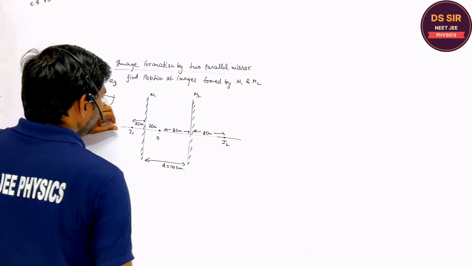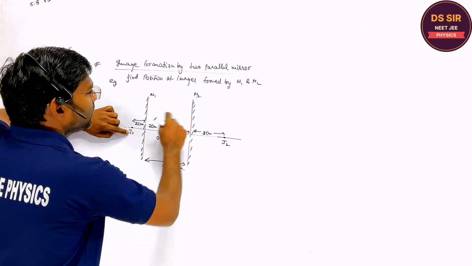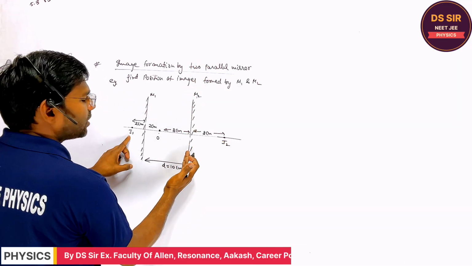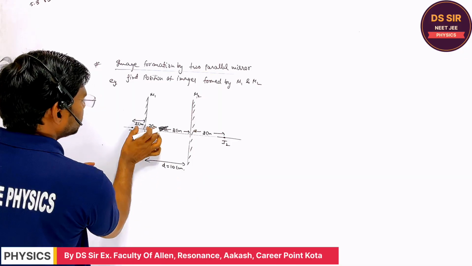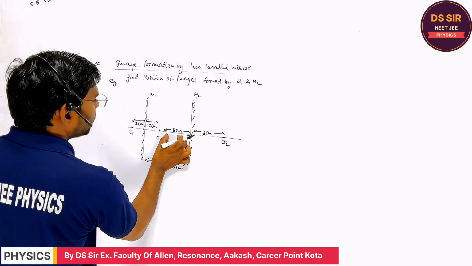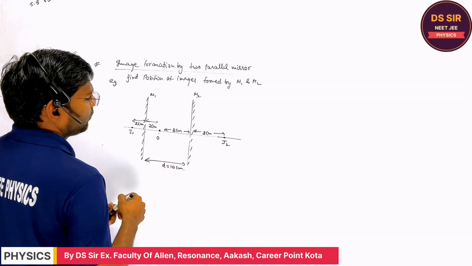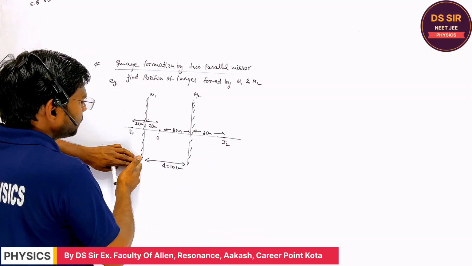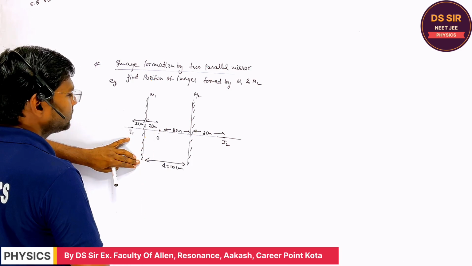Right. Now, this image works as an object for this mirror. So now this is the mirror and this is the object. And by what distance? This is 2 plus 2, 4 plus 8. For this mirror, wait for 1 minute. First, you consider this is the mirror and this is the object. Its image is formed behind this.